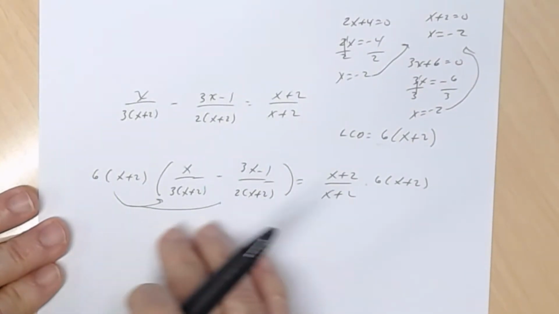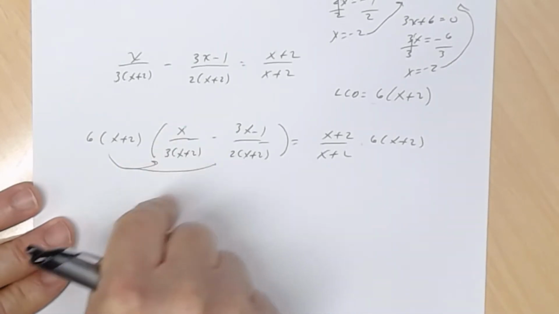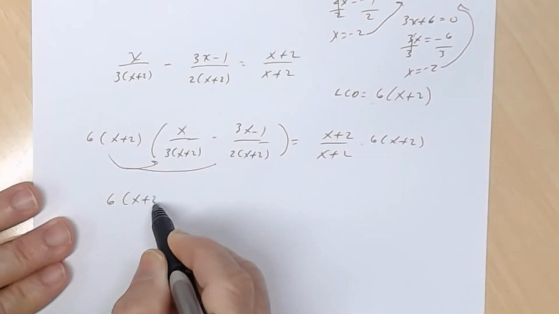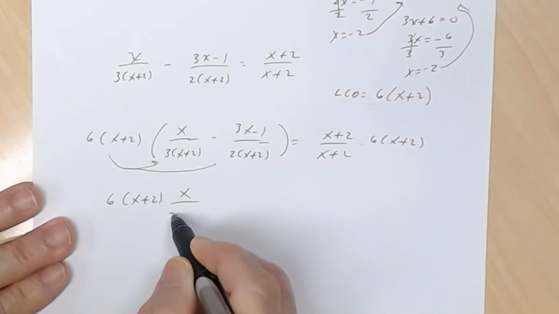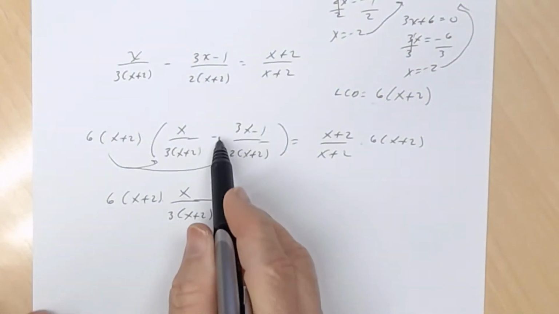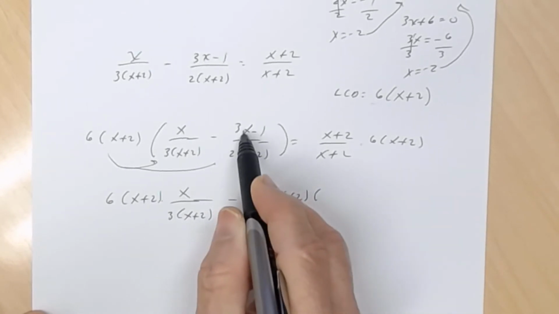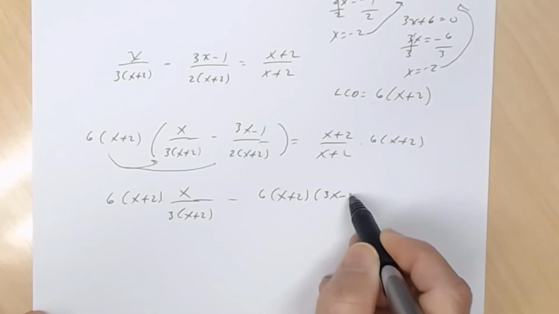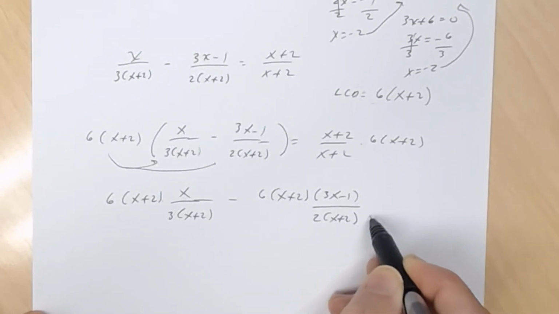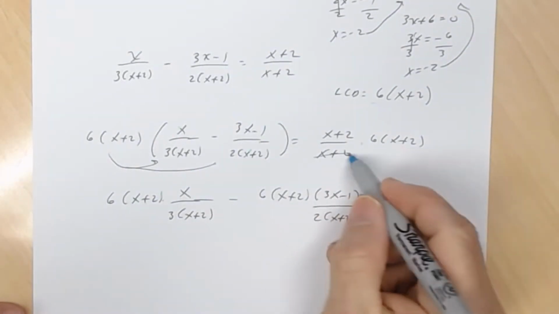Okay, now watch what I do. So I'm going to say, let's do this first. This times this. So 6 times (x plus 2) times x divided by 3 times (x plus 2), right? Okay. Then I'm going to say minus 6 times (x plus 2) times, in parentheses, (3x minus 1) divided by 2 times (x plus 2) equal, and at this point I'm just going to go ahead and reduce this.